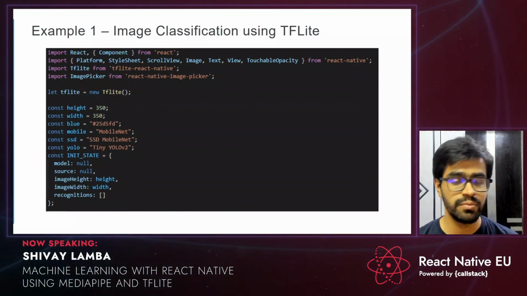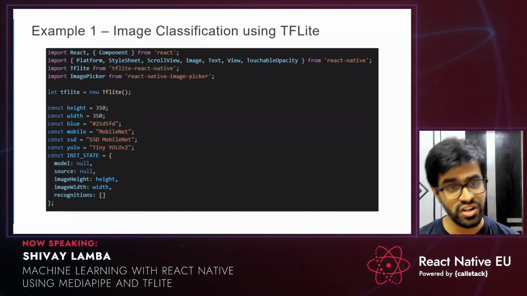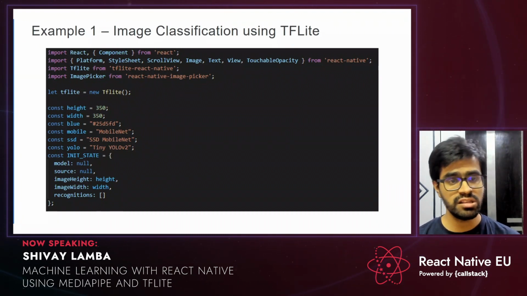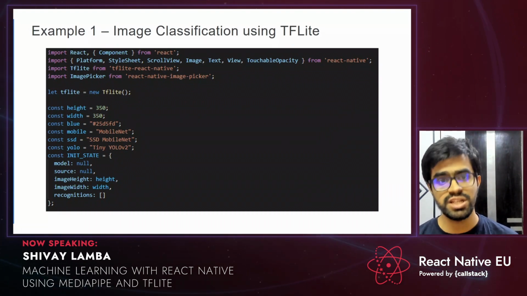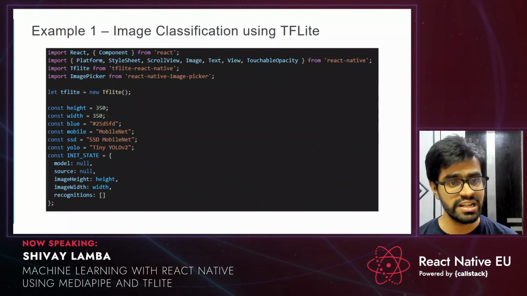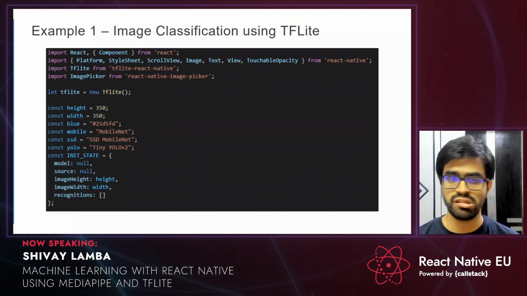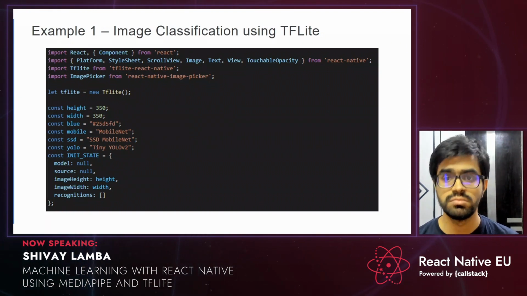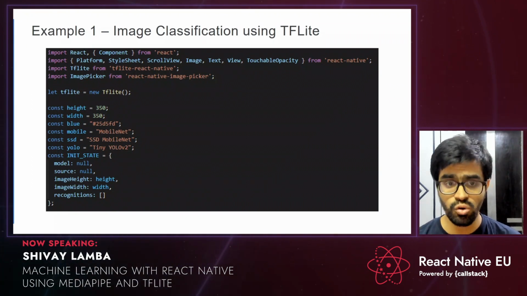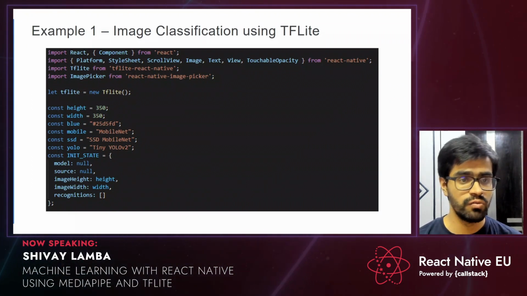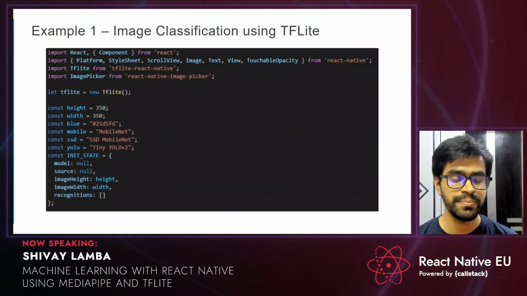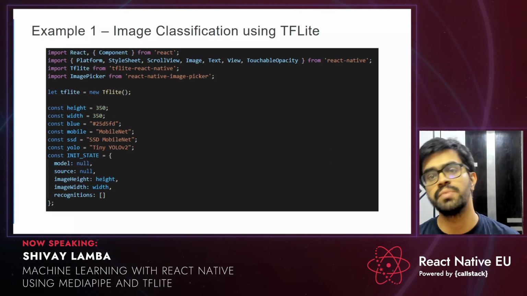In line number 5, we are initiating our TFLite object. As you can see, we have provided some initial declarations to set things like the image height of our canvas and the detection model that we're using. We are specifically using the Coco SSD MobileNet model. We also have some other ones as well: the YOLO model and SSD MobileNet, and these are some of the models that we'll be comparing with.